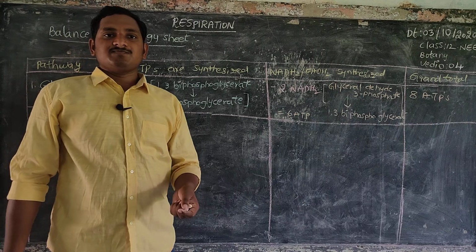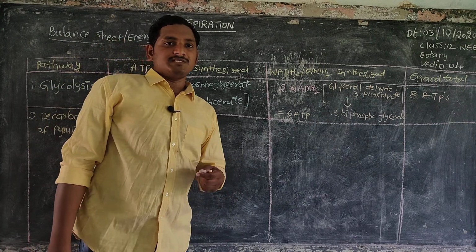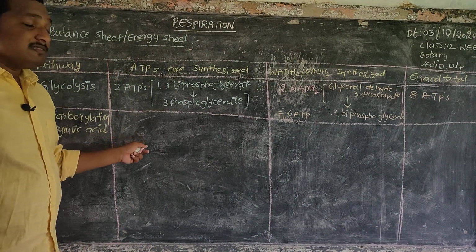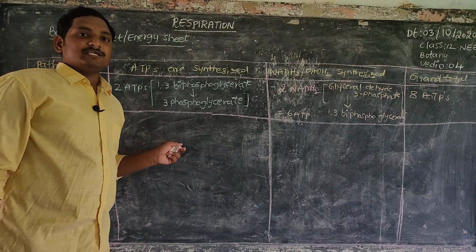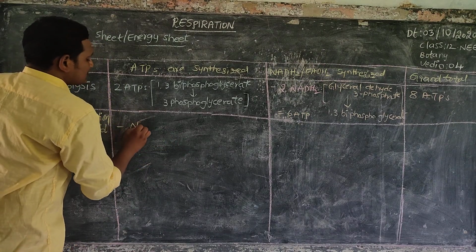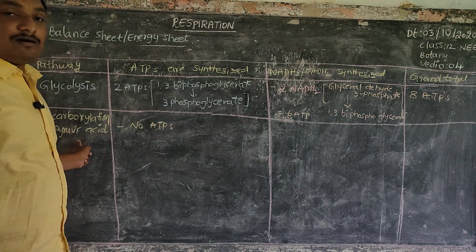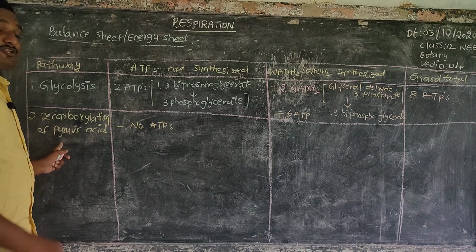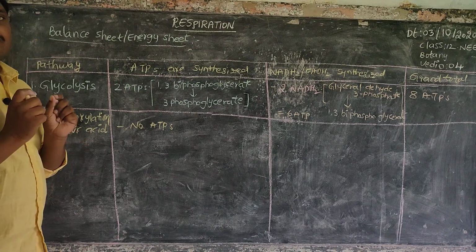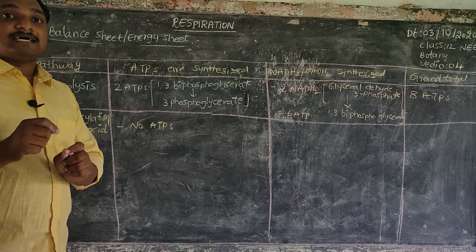It changes into acetyl coenzyme A. In this process 2 NADH2s are produced. So here no ATPs are formed in the decarboxylation of pyruvic acid.